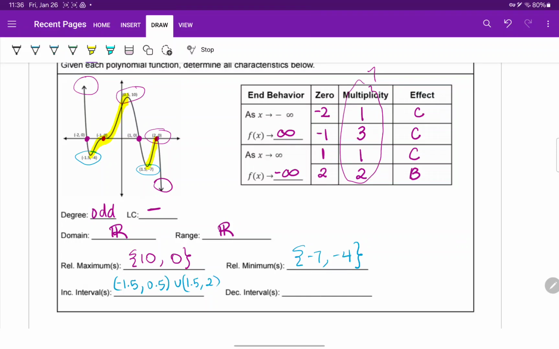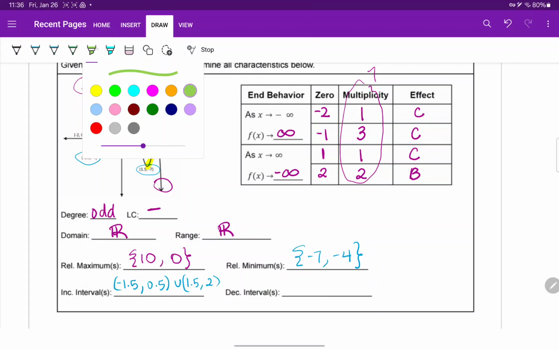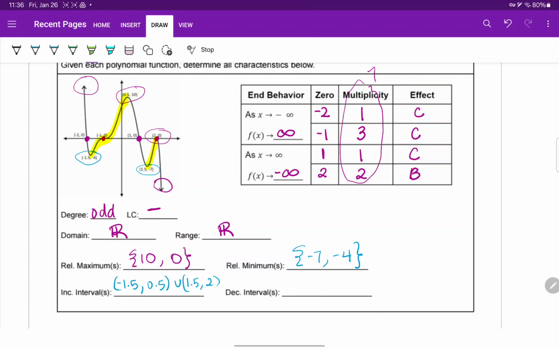Now, as we do the decreasing, again, it's turning point to turning point when your graph is coming down from left to right. So here's a decrease, and you go through that cross, because that's not a turning point, you're just crossing through the x-axis, and then there is one more decrease there.